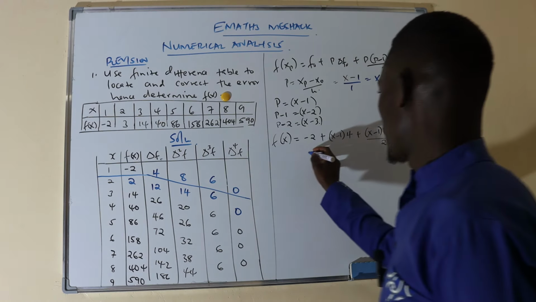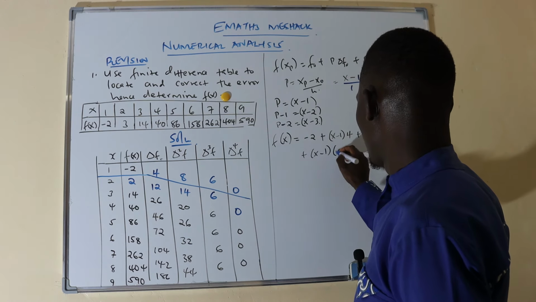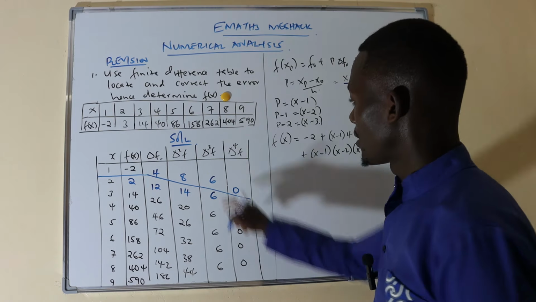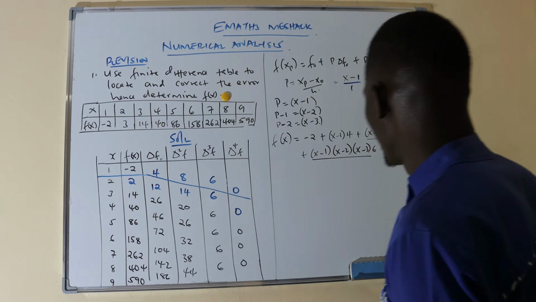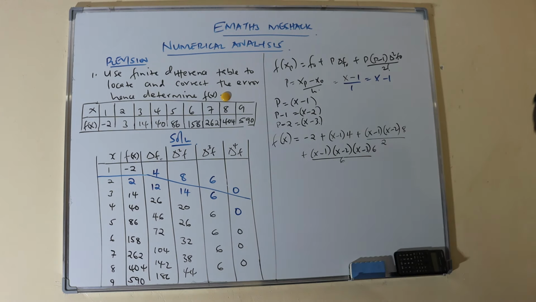Lastly, we have p, which is x minus 1, p minus 1 is x minus 2, and p minus 2 is x minus 3. Then our third difference is given by 6, all over 3 factorial, and 3 factorial is 6.